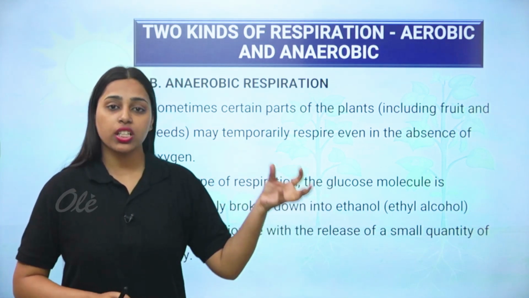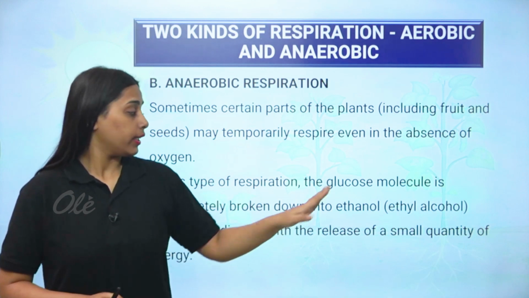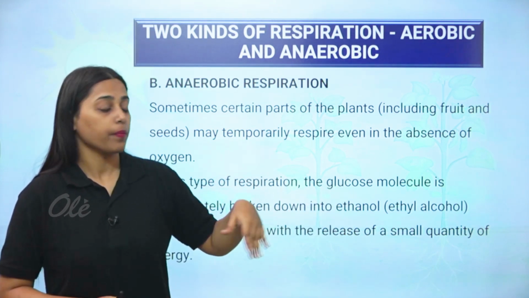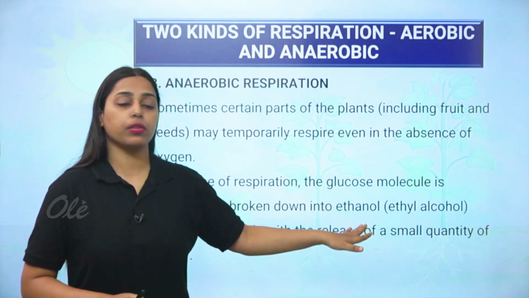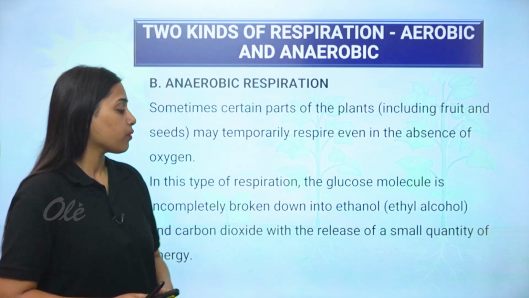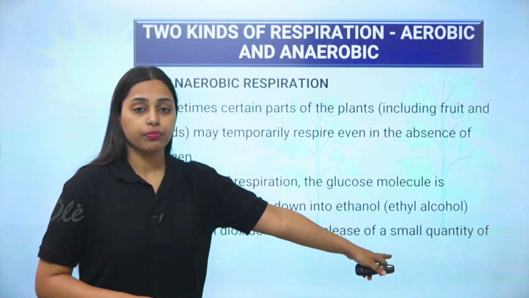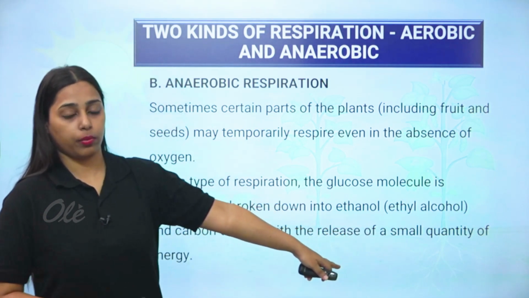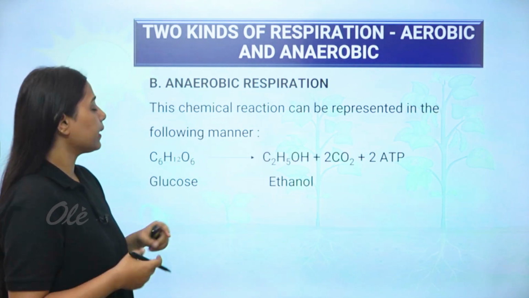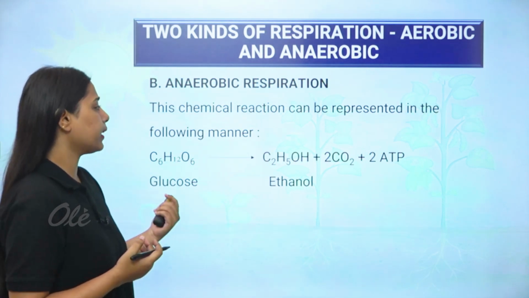So the major amount of chemical energy stored in the glucose is not released as ATP, but is utilized in the formation of ethanol, which is still storing energy. So that is why, at the end of anaerobic respiration in plants, a small amount of energy is released.